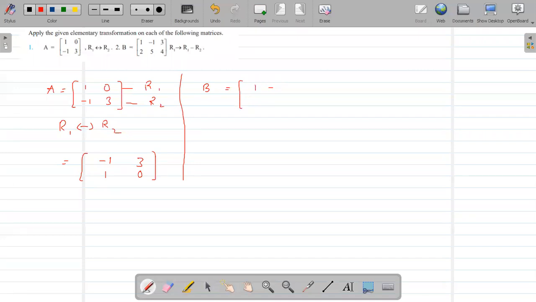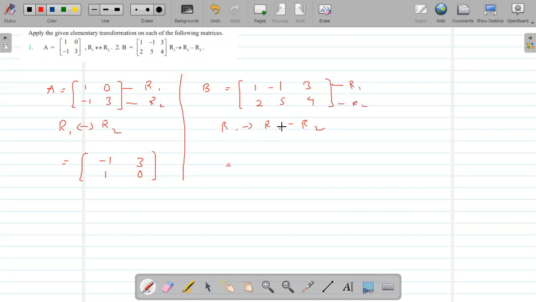Similarly, the second one: 1 -1 3 2 5 4, and it says apply this transformation: R1 becomes R1 minus R2. So in here, the first row is your R1 and the second row is your R2.